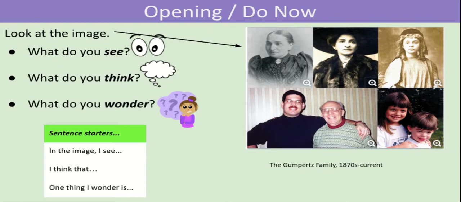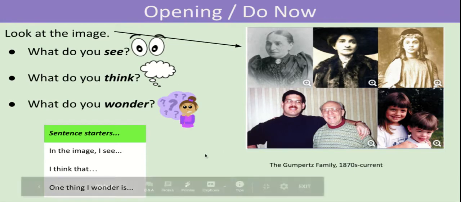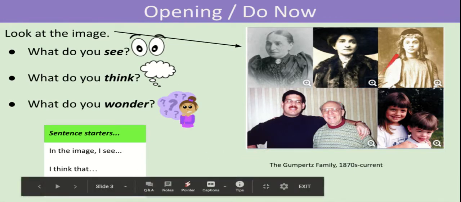So the first thing we're going to do together is a see, think, wonder. So let's look at this image here. We can look at the title of the image down here that says the Gumpert's family, 1870s to current, and look at all of the pictures here.